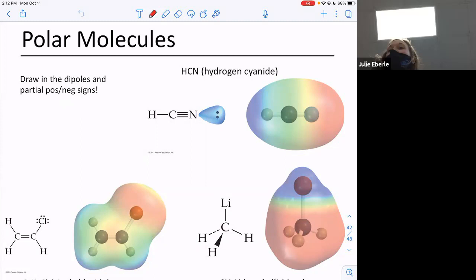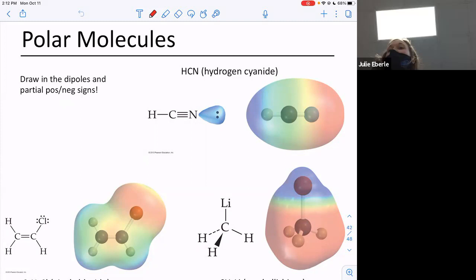So then you start assessing, the question here is, is this molecule polar or not? You start assessing what kind of bonds you have. You've got to look at your electronegativity chart. So here's what I see. I've got carbon-carbon bonds. It's actually a double bond, but it doesn't matter, still a carbon-carbon bond. I've got carbon-hydrogen bonds. And I have a carbon-chlorine bond.